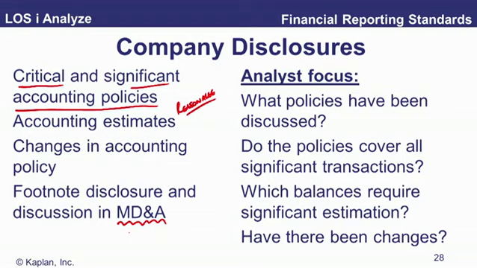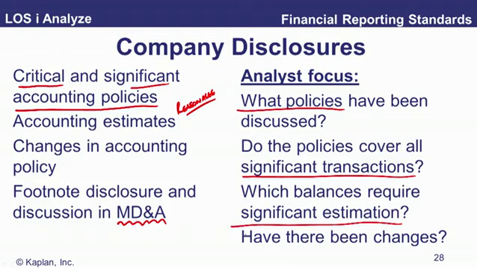So what are we focusing on as an analyst? Well, what policies have been discussed? What are the critical policies that drive their accounts? Have they given us disclosure that covers all significant transactions? If they haven't, then we'll be asking how they have accounted for this particular item. Balances which require significant estimation: where is the subjectivity in the accounts?